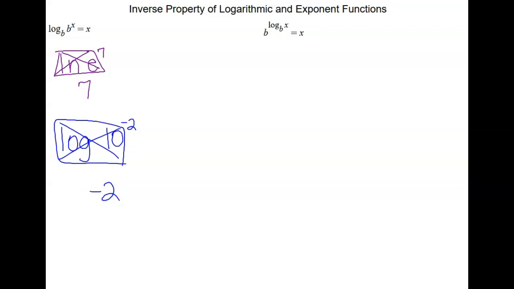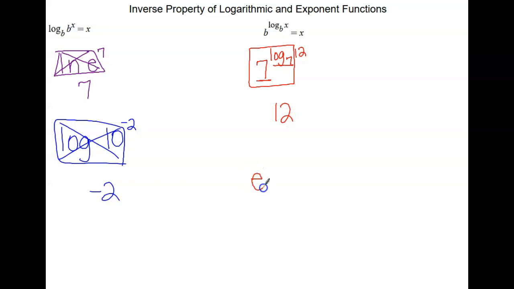Same thing over here. If I have 7 to the power of log base 7 of 12, I know that I have an exponent with base 7 and I have a log with base 7. These two things are going to cancel each other out, and our answer is just going to be 12.